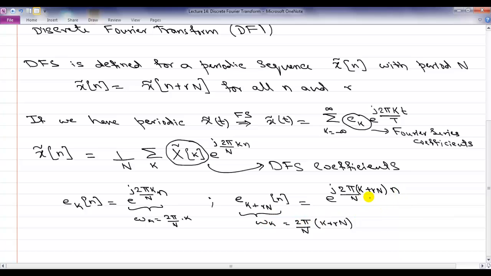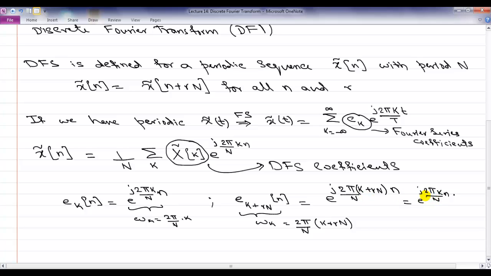And of course, you can do that. You multiply that, you get e to the j 2 pi over n. That is simply equal to 2 pi k over n, and the other factor just becomes 1, right?